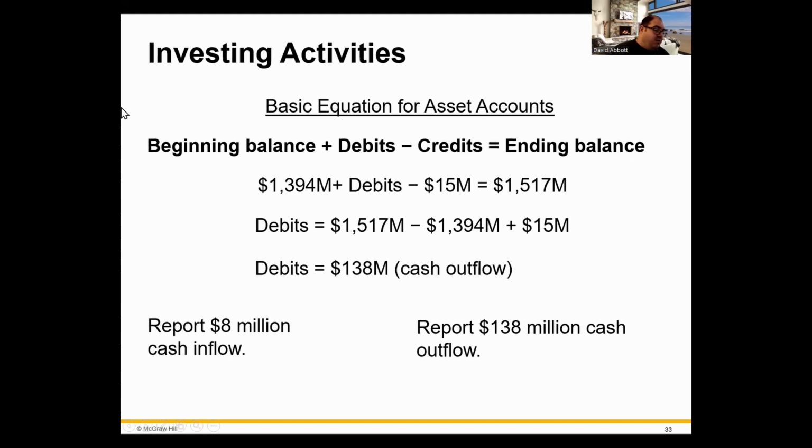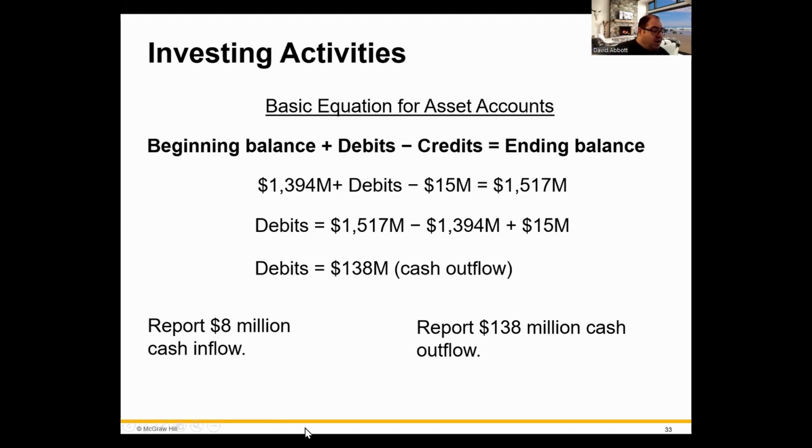Now, investing activities. To compute the gross cash flows in the investing activities section of the statement, we would focus on the plant, property, and equipment account. Apparel Inc. would record an $8 million cash inflow related to the sale of the store. So we see that right here.